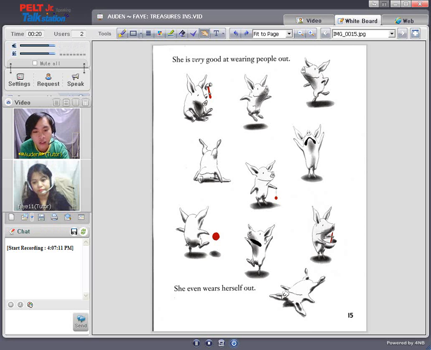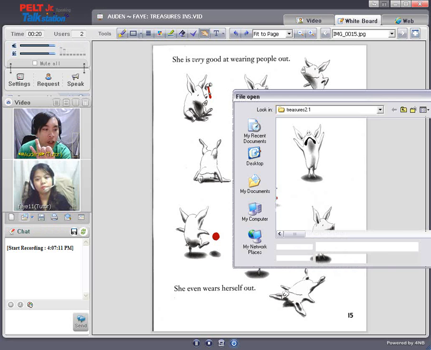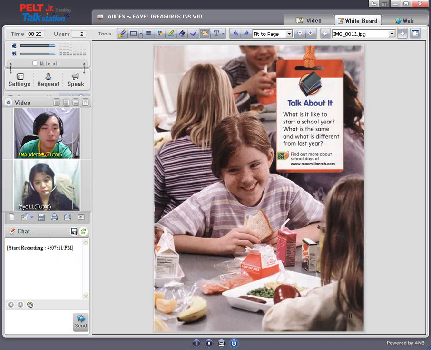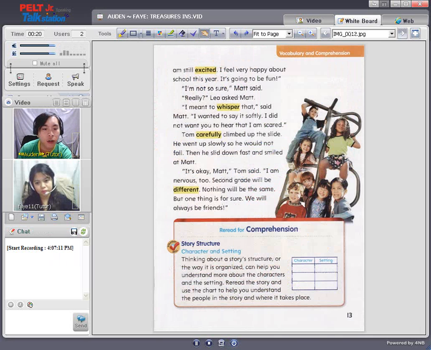So Treasures basically has stories where you can have activities like topic discussion, picture description, reading comprehension, reading fluency exercises, and speaking exercises as well, and activities like using the chart, like this one.